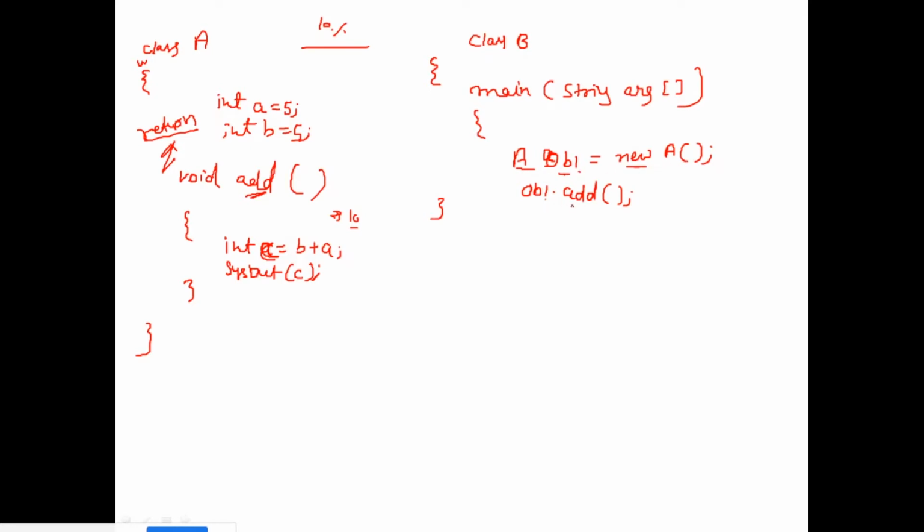So the object will be created. Now it will come here, right? And it will see int c is equal to b plus a. What is the value of b? 5 plus 5 is equal to 10, and it will print 10. Your output will be 10.